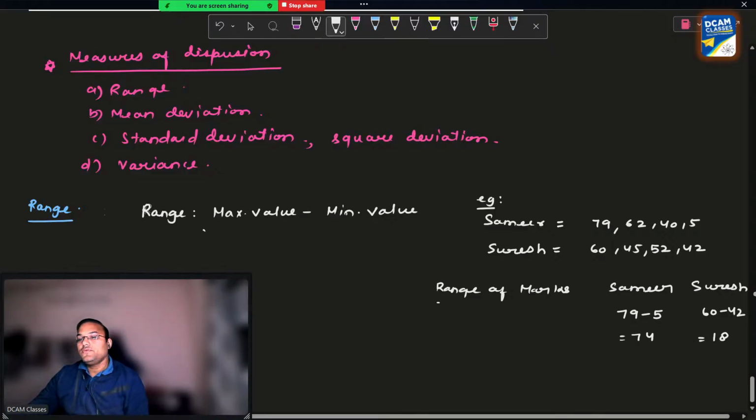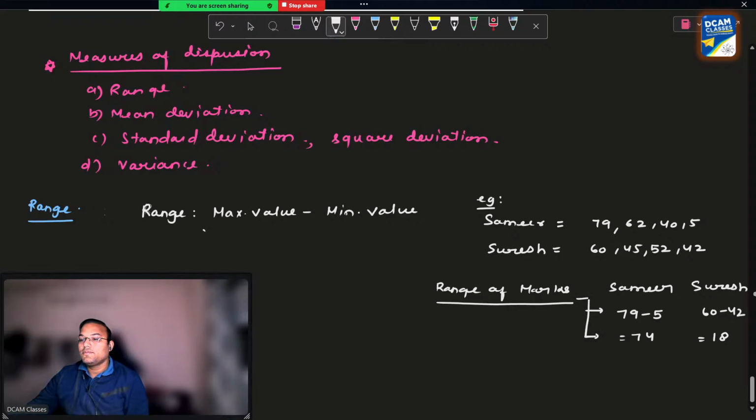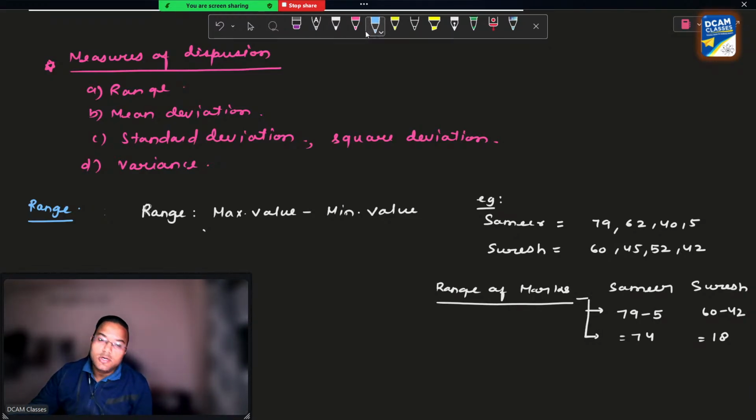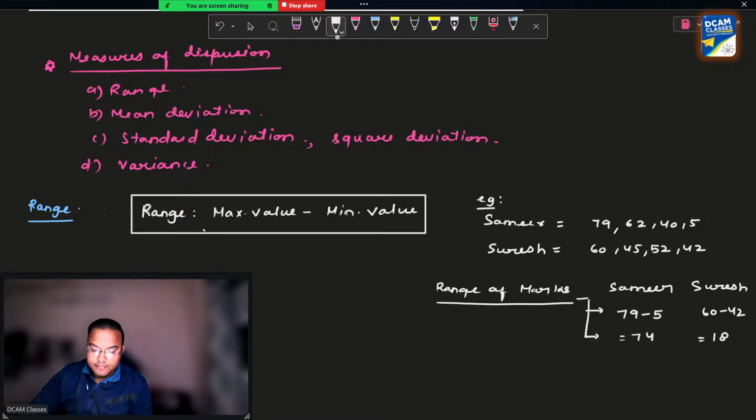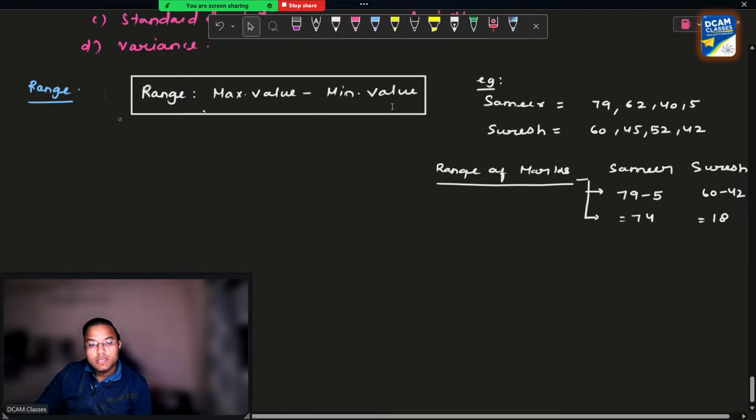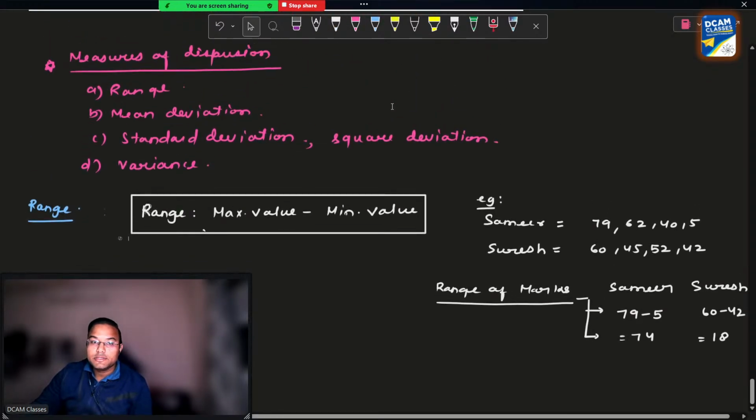Okay, this is how we actually calculate the range of marks, range of cost, range of anything. The simple formula. Yes, Haripriya? Understood? Yes, sir. Now, after this range, we need to learn about the mean deviation.